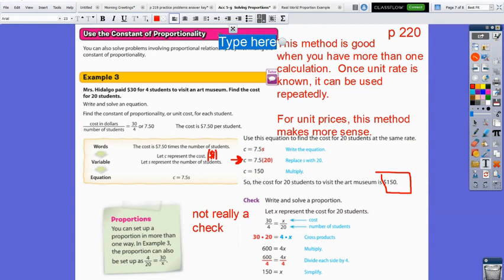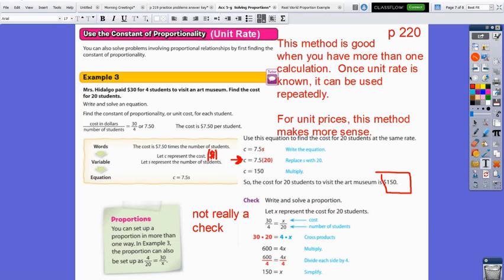I go back and forth because the 7th grade book calls this using the unit rate, and the unit rate and the constant of proportionality are the same thing. They are the exact same number, the same concept. So this is also known as using the unit rate.